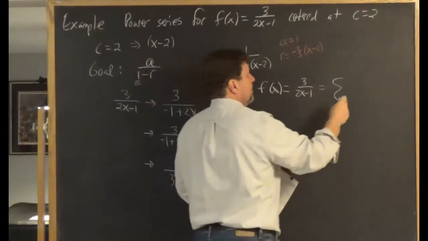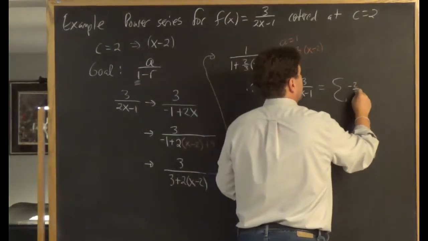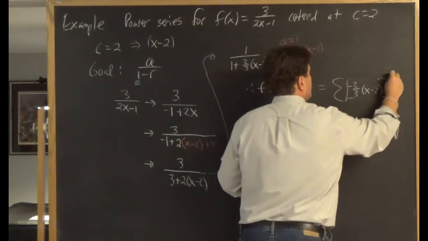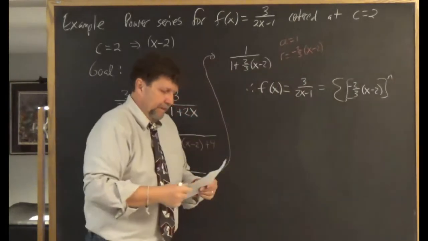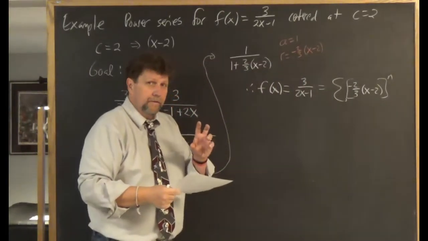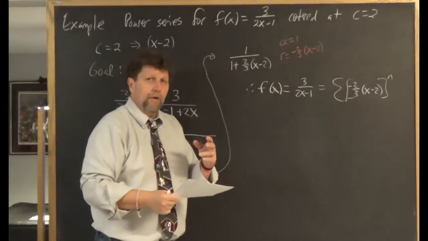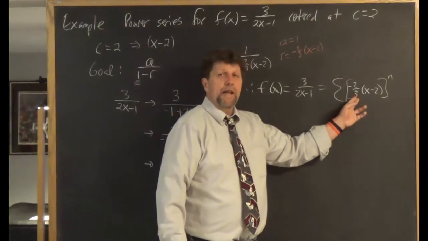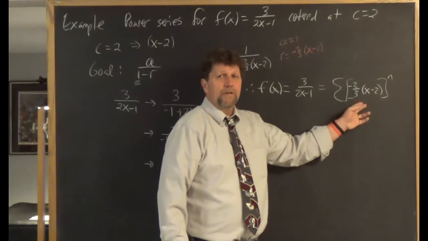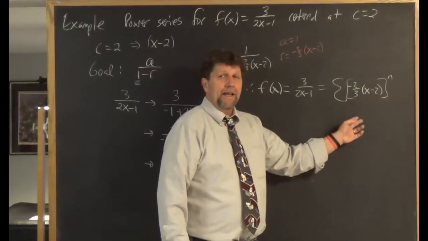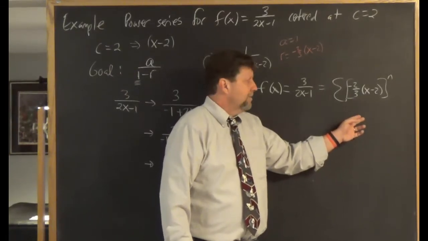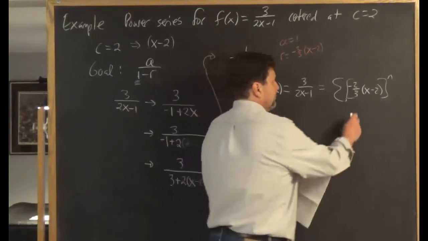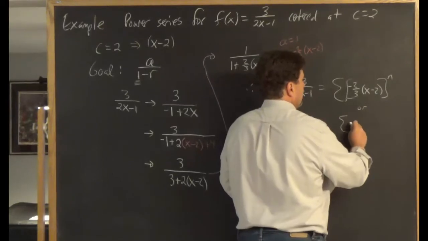A is 1, r to the n. Okay, now you could write that many different ways. I mean, you could say, well, negative 2/3, that's just negative 1 times 2/3. So you could write this as negative 1 to the n times 2/3 times x minus 2 to the n.